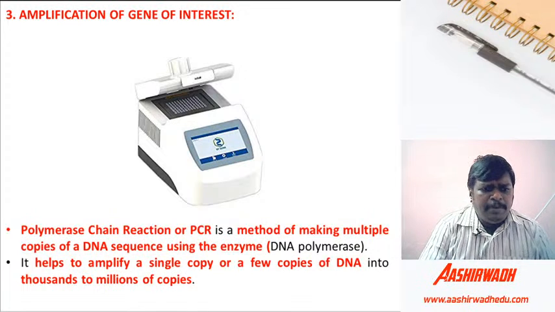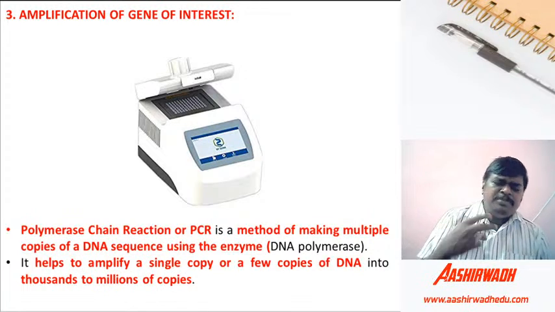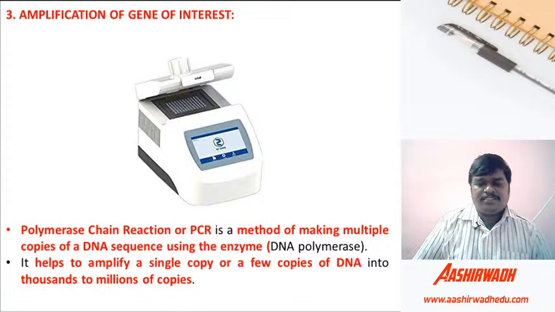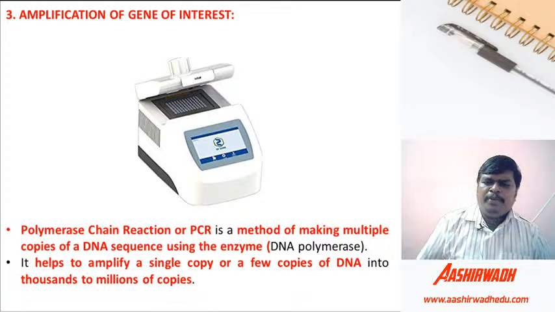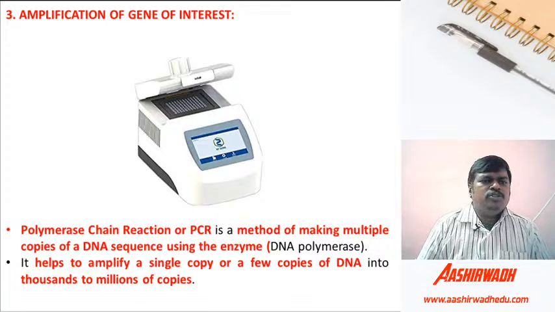What is this amplification? Amplification means increasing in number, or producing multiple copies from a few copies of DNA. Even with the help of a single copy of DNA, we can produce millions of copies.